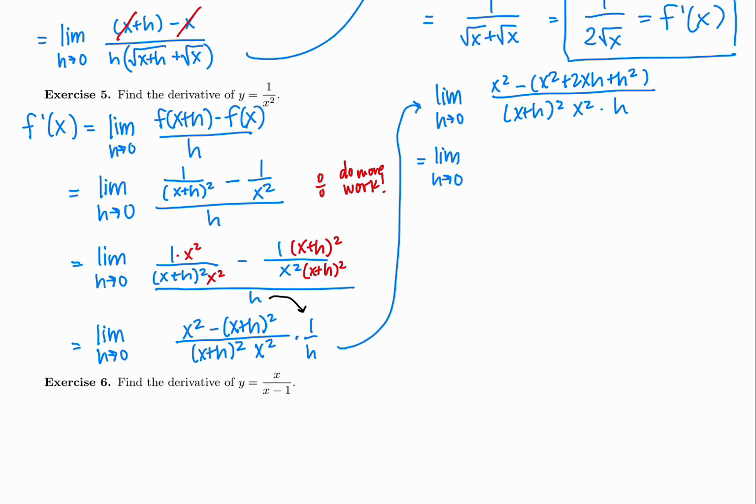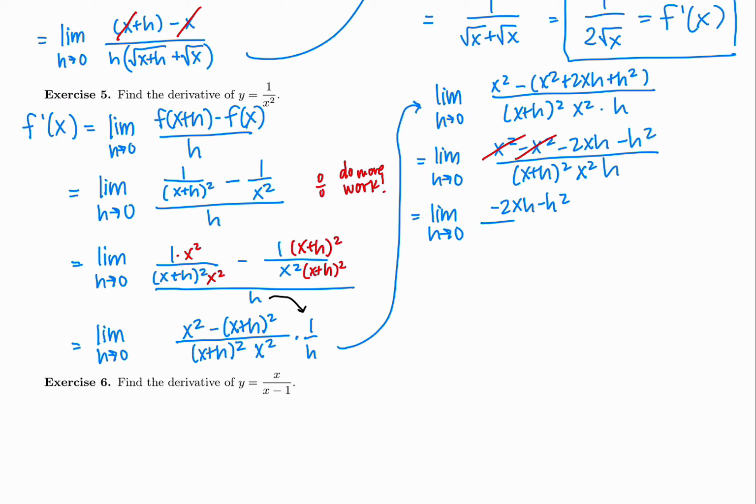I'm going to distribute that negative. So x squared minus 2xh minus h squared all over x plus h squared h. And now good things are happening. The x squareds cancel. So this is the limit as h approaches 0 of negative 2xh minus h squared over x plus h squared h.